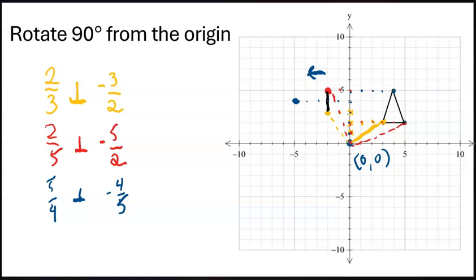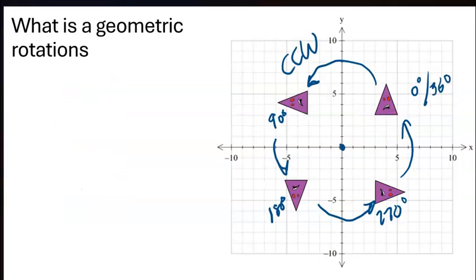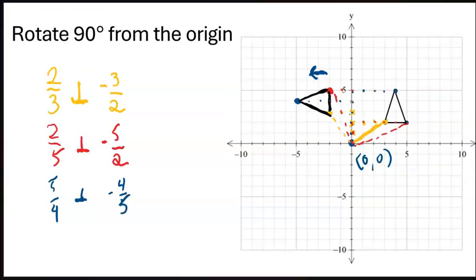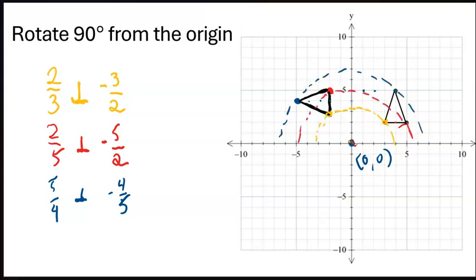Creating my image. Okay, the last thing I want to show you here before we really get in depth, if you look at my previous slide, we essentially create a circle around the center of rotation. So if you notice what I'm doing here, I'm creating these concentric circles.